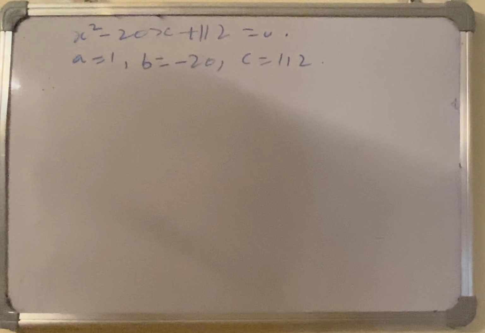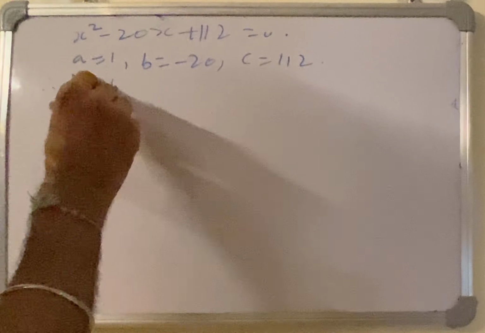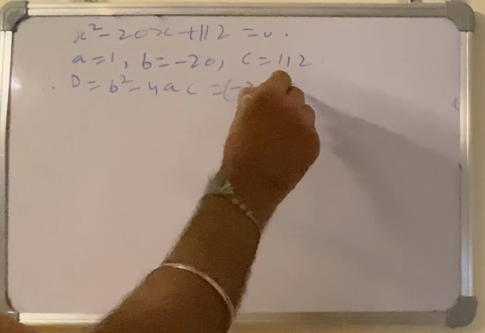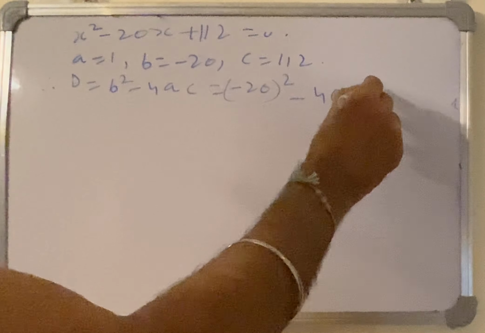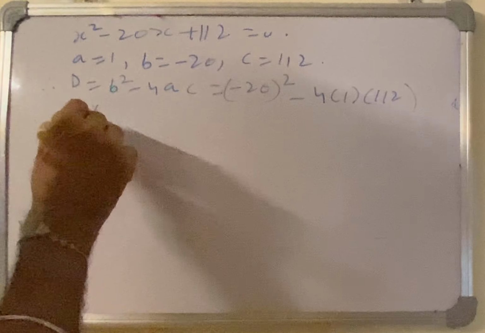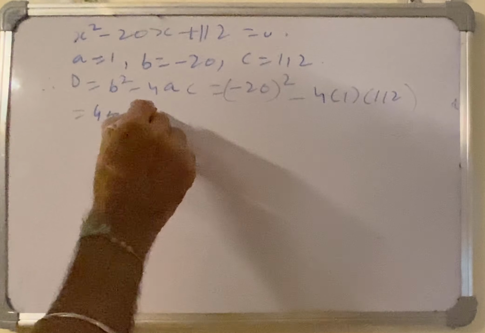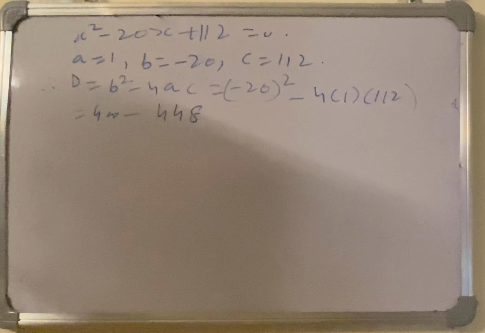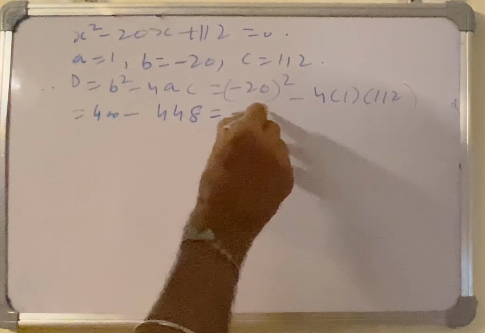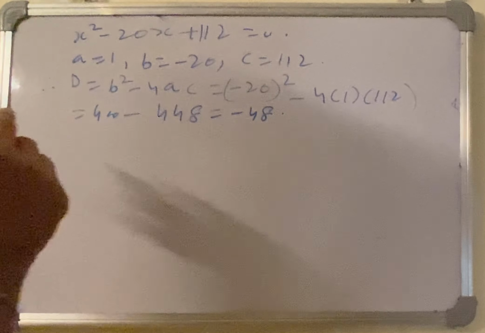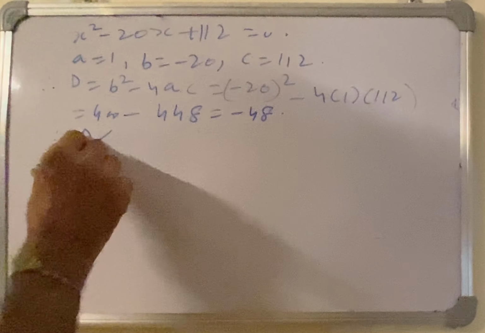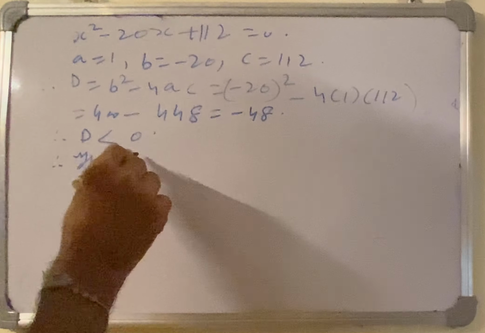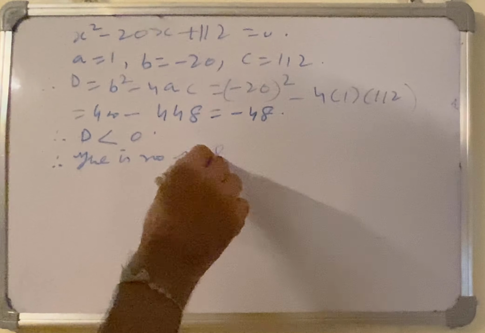Therefore, the discriminant D is equal to b square minus 4ac, minus 20 whole square minus 4 into 1 into 112. 400 minus 448 is equal to minus 48. Therefore, D is less than 0. Therefore, there are no real roots.